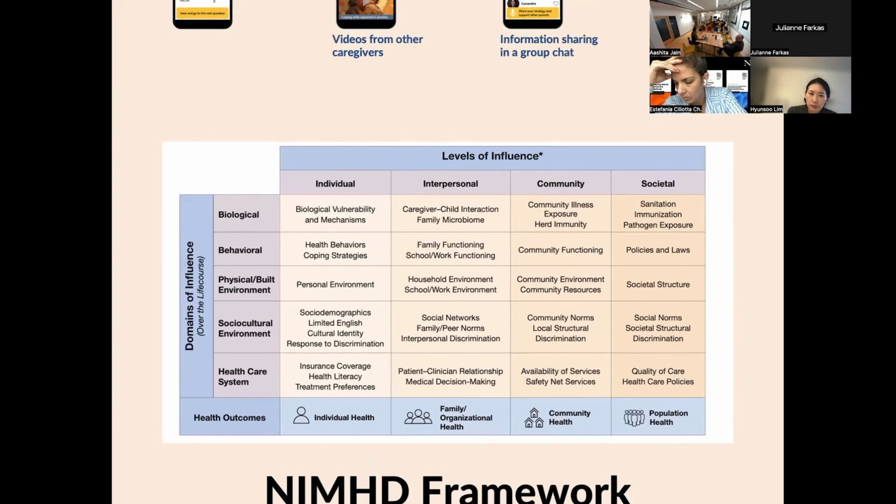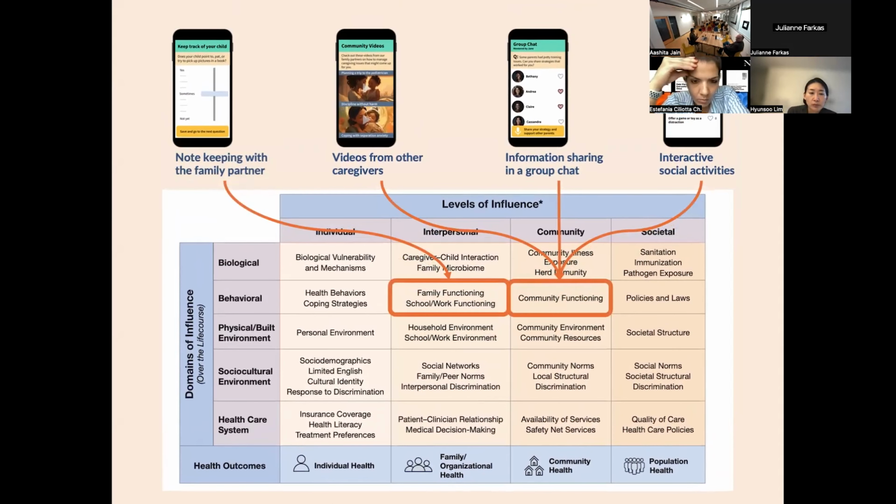So the way we envision it is that the note-keeping feature shared with the family partner intervenes at the interpersonal level. This gives parents tools to have a dialogue with the family partner, and the family partner can support family functioning at the interpersonal level. And with the videos from the caregivers, information sharing in group chat, and interactive social activities, we are intervening at the community level.